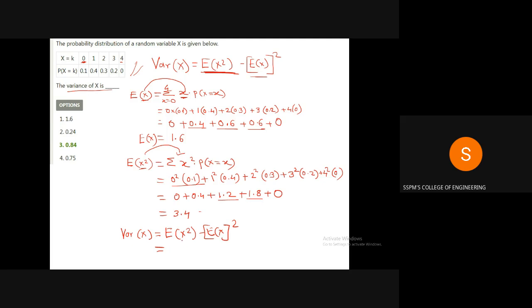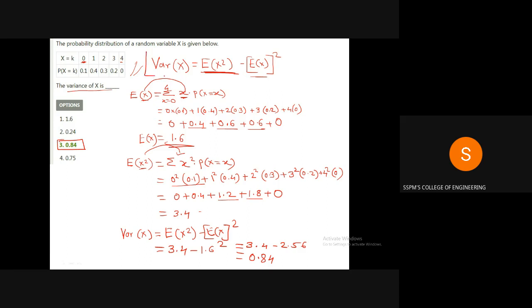The value for E of x square was 3.4, minus E of x whole square. The value of E of x is 1.6, so 1.6 squared. So this will be 3.4 minus 2.56, and the subtraction is 0.84. So that will be the correct option. The third option will be the correct option.